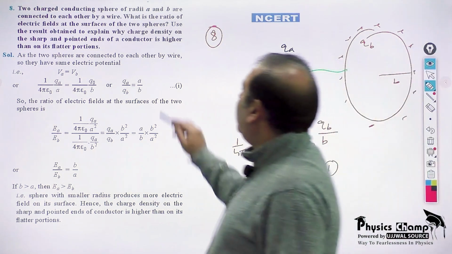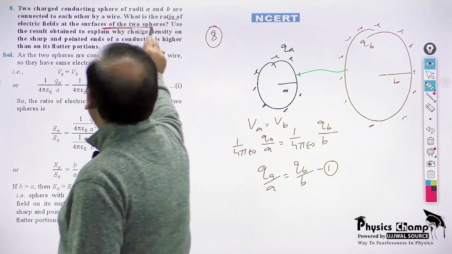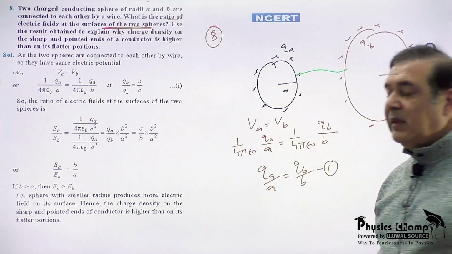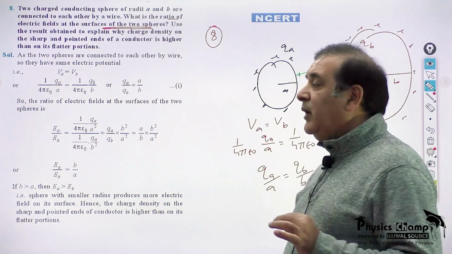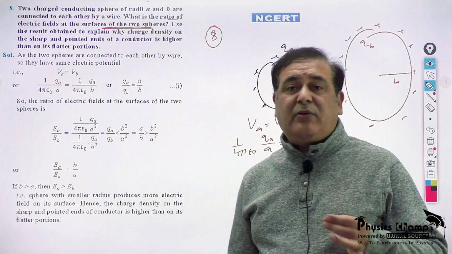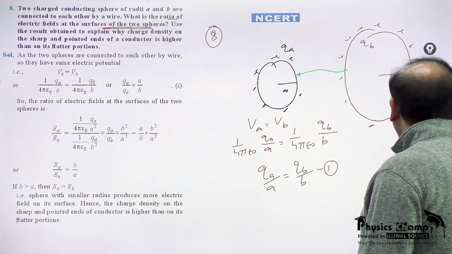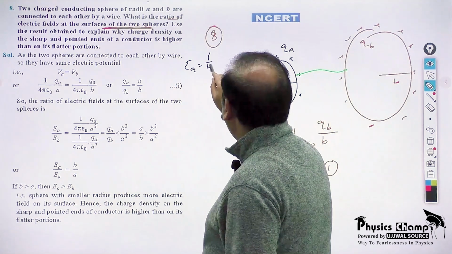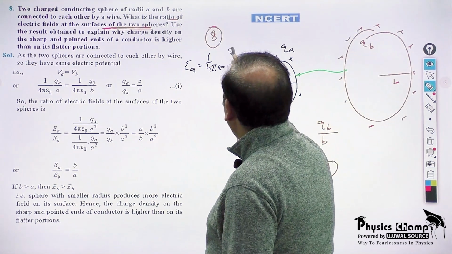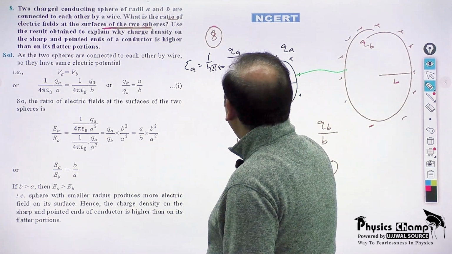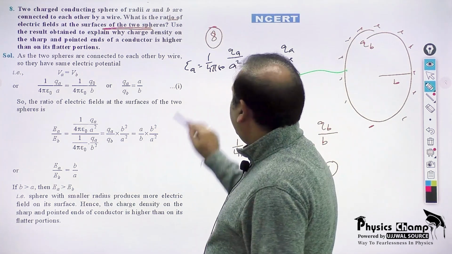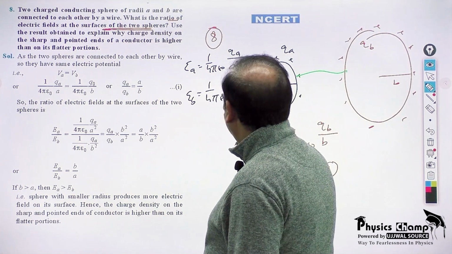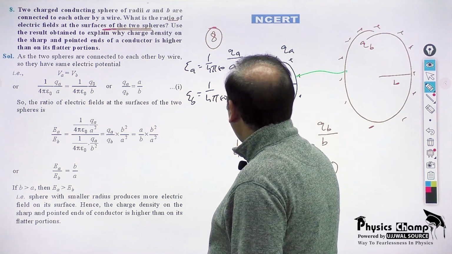What is the ratio of the electric field at the surface of these two spheres? Now for the electric field, it will behave as though the whole charge is situated at the center. So the electric field at A will be 1 by 4 pi epsilon naught into QA by A square. And the electric field at B will be 1 by 4 pi epsilon naught into QB by B square.